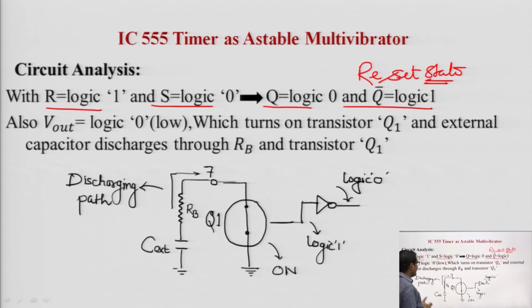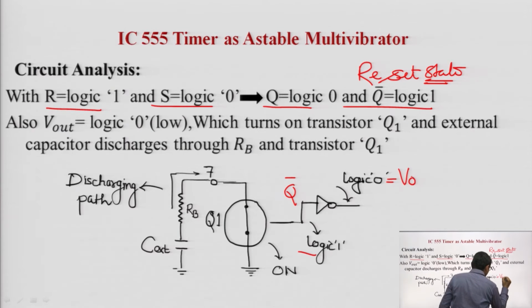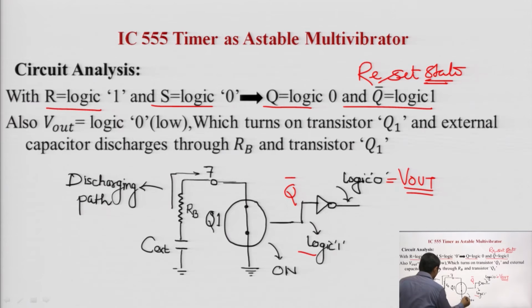If Q bar equals logic 1, this is the Q bar, then V out becomes logic 0 and the transistor will be turned on.